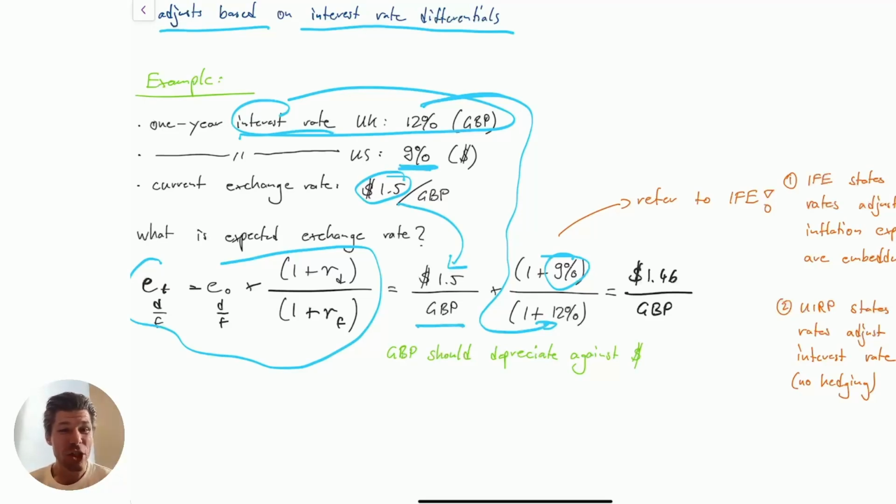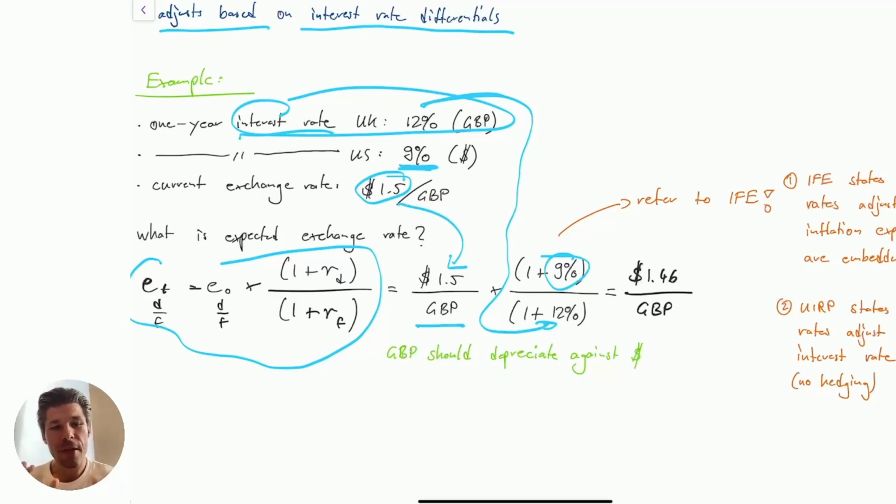If in the UK you have higher inflation, products, goods and services are more expensive, and the value of the currency decreases, depreciates. So here is a second order effect, you can't see it right away.